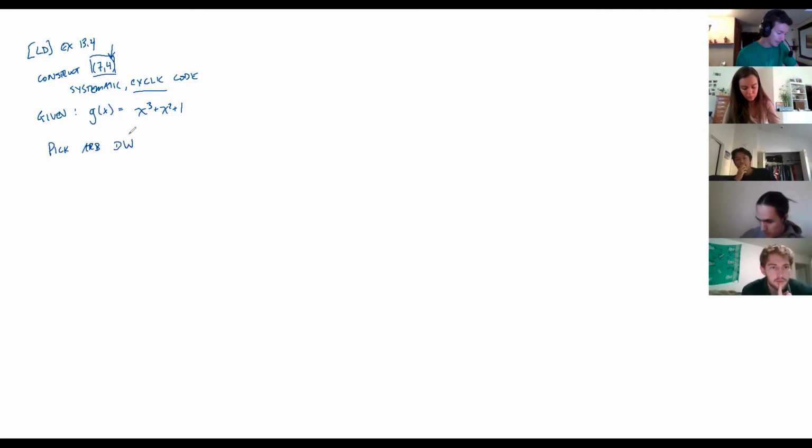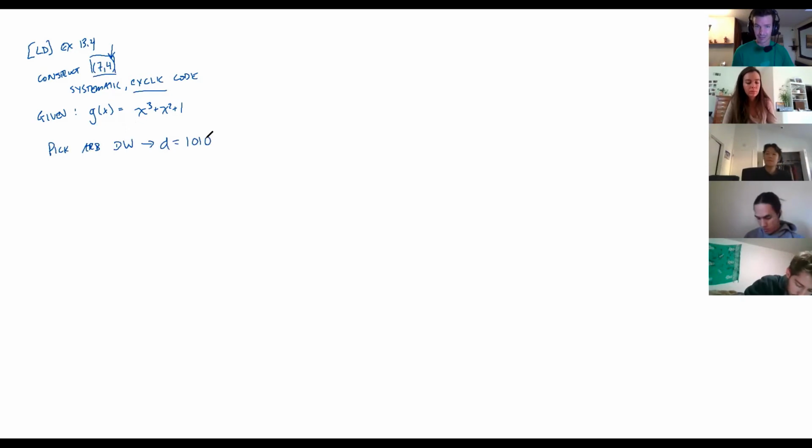The textbook picked 1010. It helps if you don't pick all ones or all zeros. So pick something that's not the same bit repeated over and over again. Okay, so if this is our data word that we want to map, then let's make it a polynomial.